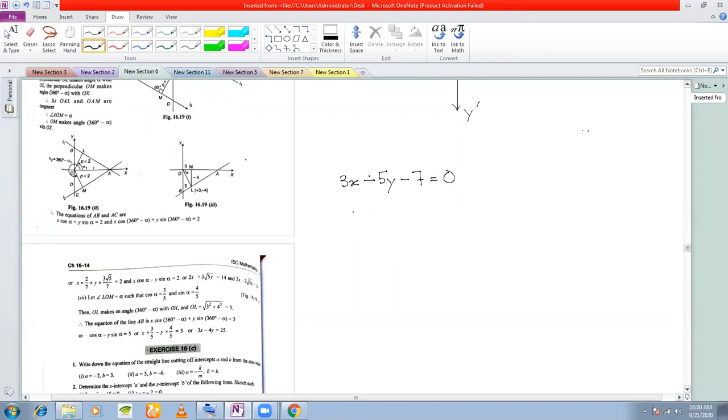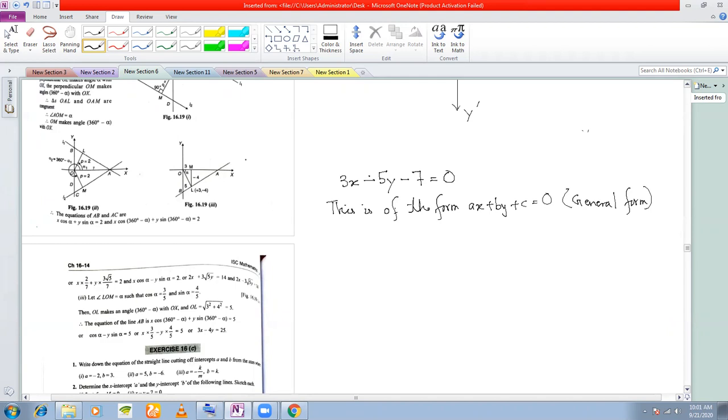I want to write this in the perpendicular form. So this is of the form ax plus by plus c equal to 0, which is the general form. This is called the general form of the equation of a straight line. I want to write this equation in the normal form.